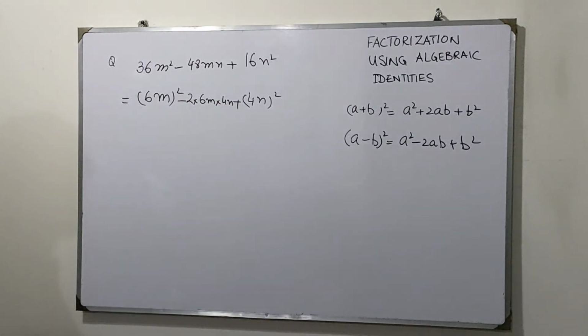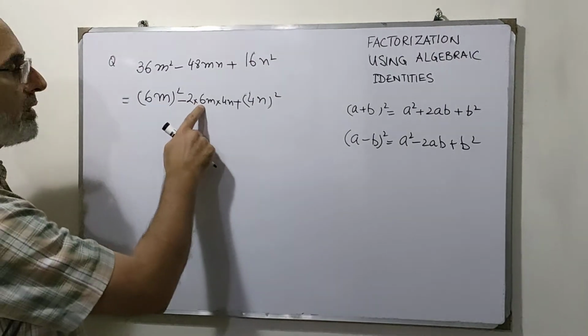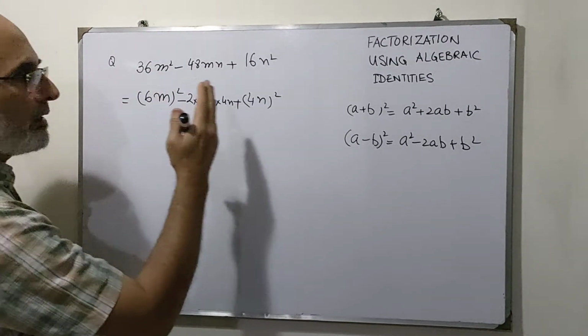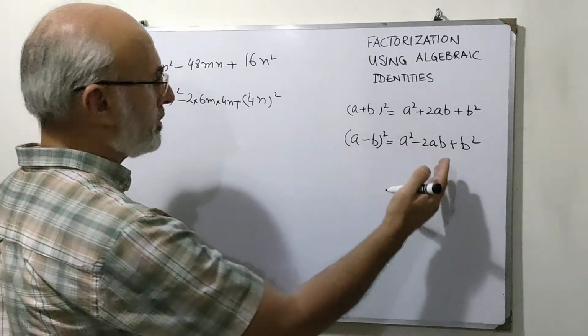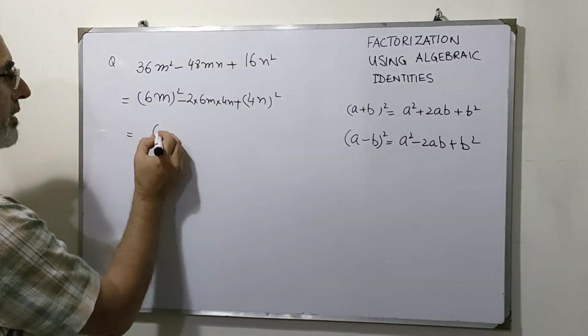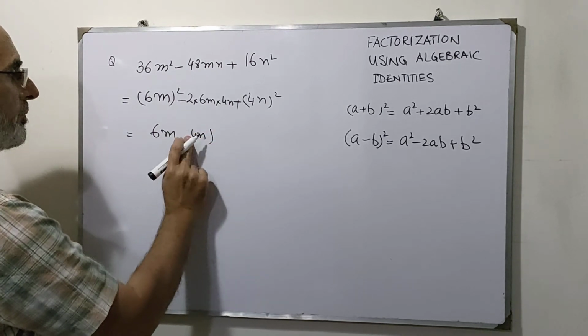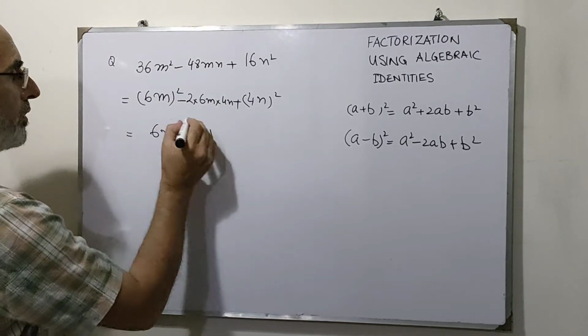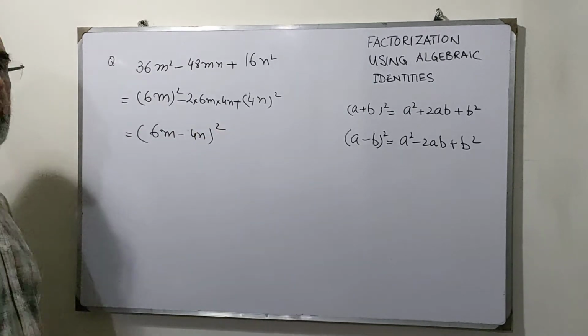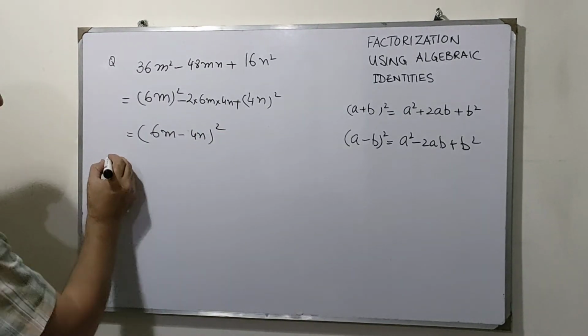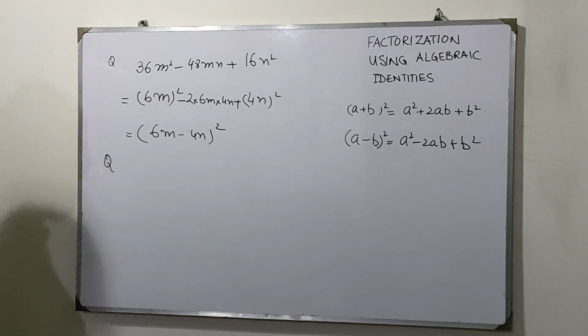Okay, so it will give us 2 into 6 is 12, 48, right? So we have a minus 2ab plus b square, so it will give us 6m minus 4n whole square. So we have our factors. So let's take one more example.